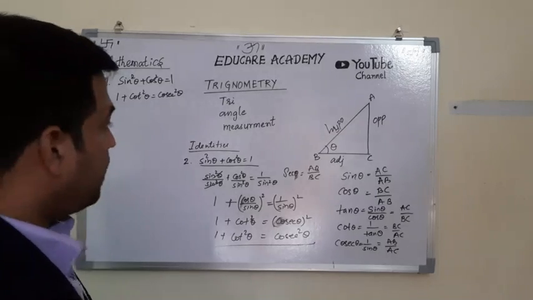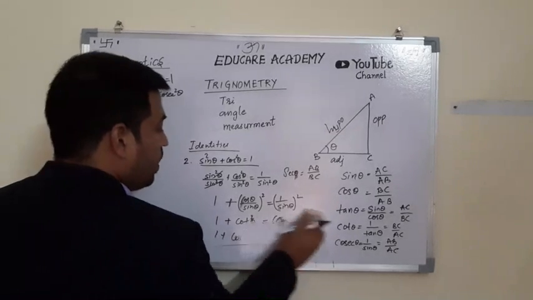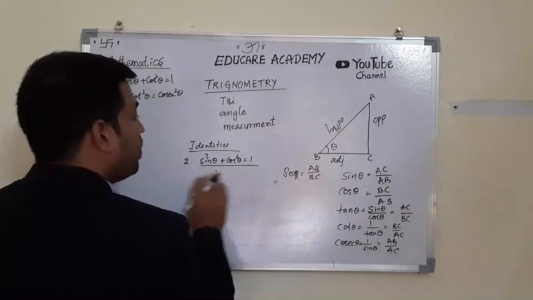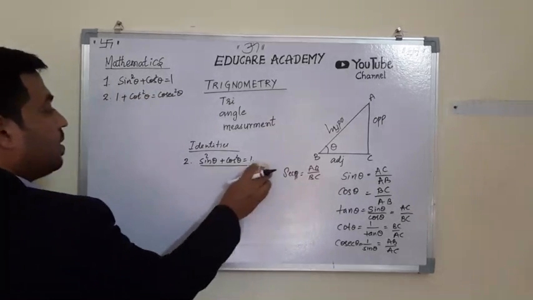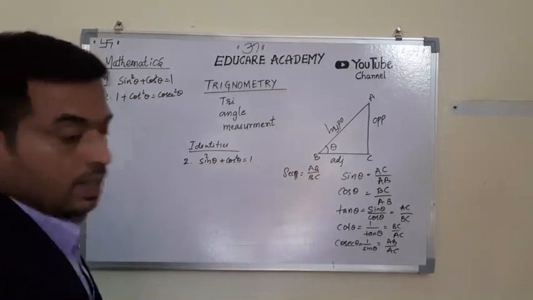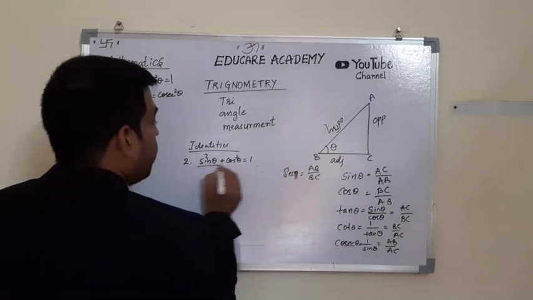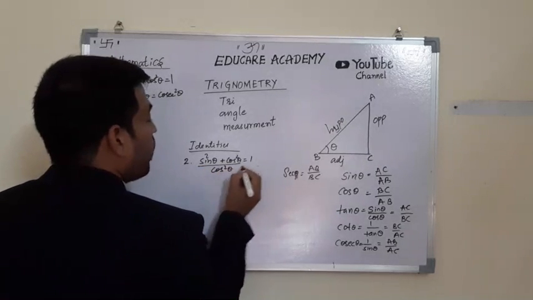So that is the second identity. Now we move on to the third identity. Just divide the whole equation by cos square theta.